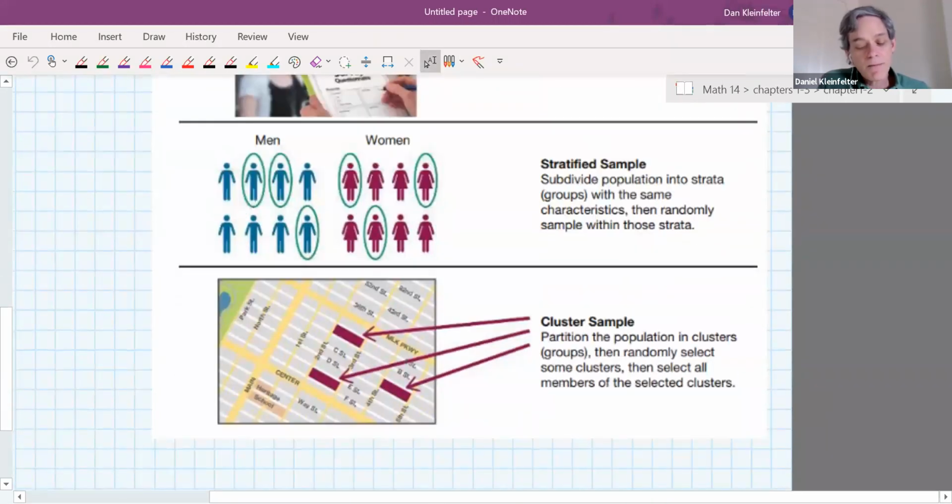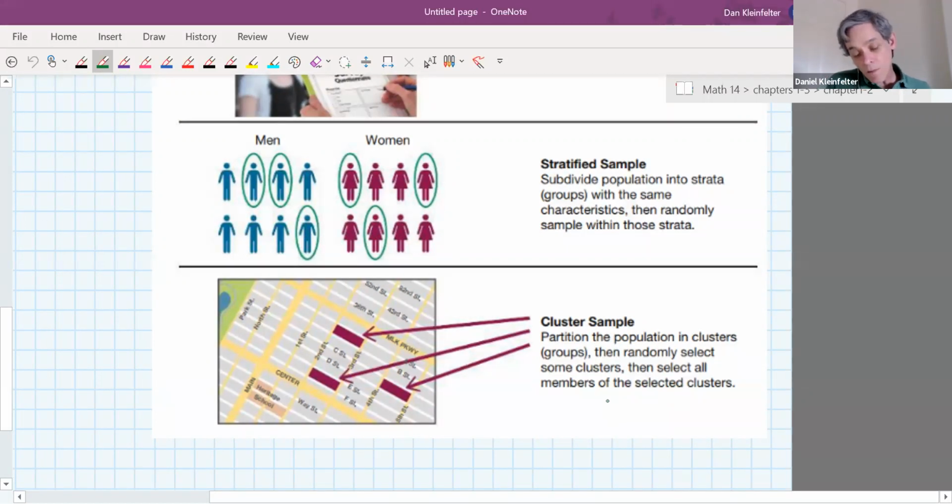Again, cluster sampling and stratified sampling are easily confused. For stratified sampling, you're dividing the entire population into groups according to strata. In the illustration here, it's men and women. And then a sample is taken from each of those groups. So here, 3 men and 3 women are chosen. For cluster sampling, the whole population is partitioned into clusters, often geographically. And then we select all the members of the selected clusters.